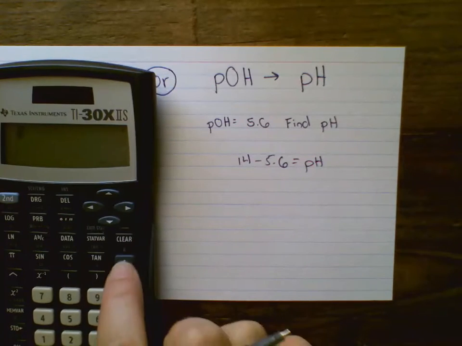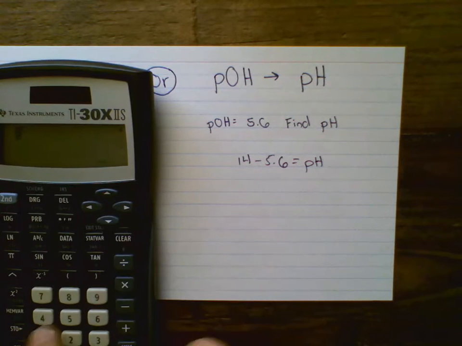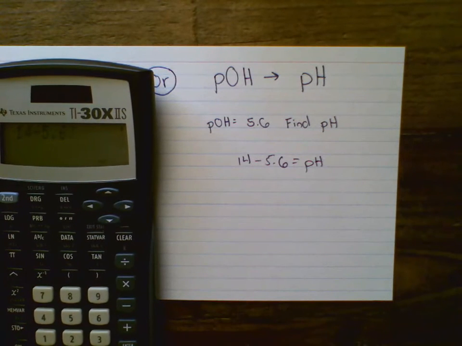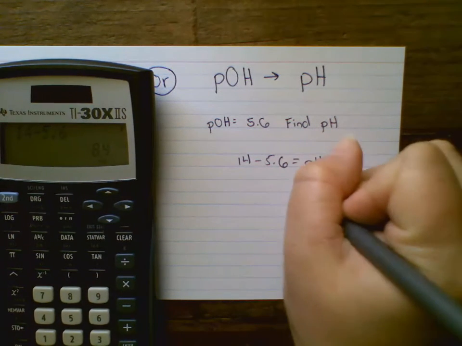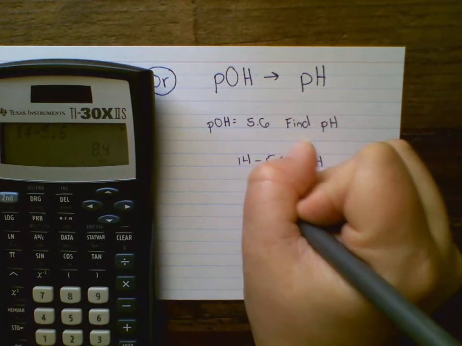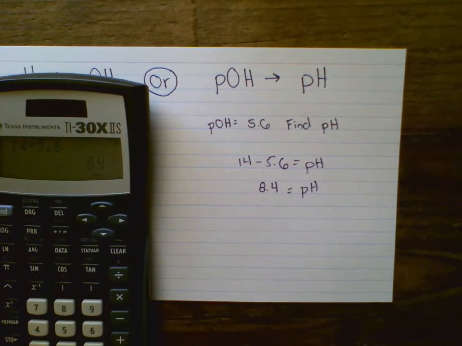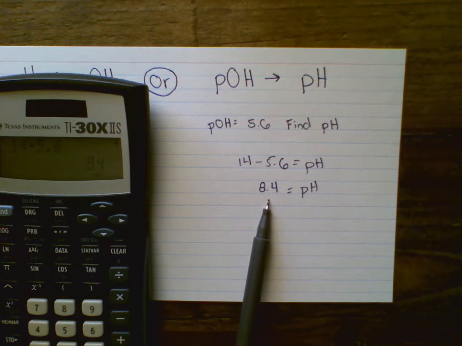Okay, 14 minus 5.6 is going to give me a pH of 8.4.